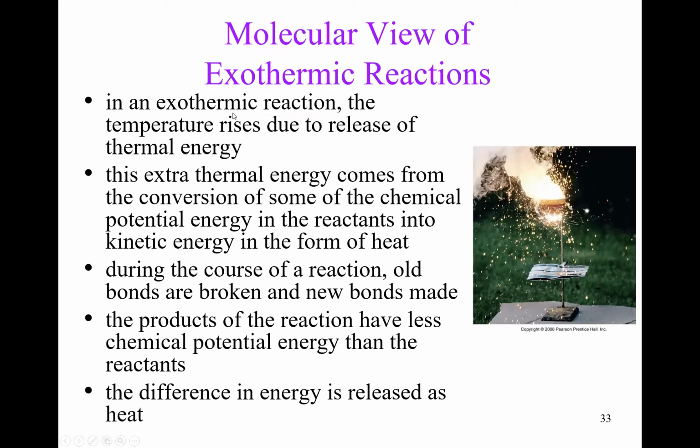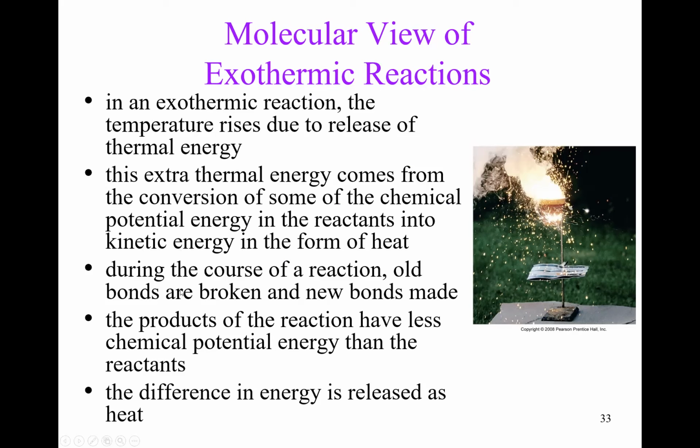All right, so for these exothermic reactions, the temperature rises due to the release of the thermal energy. That energy comes from the conversion of some of the chemical potential energy, right? We're breaking the bonds in the reactants, and that's converting into kinetic energy in the form of that heat.